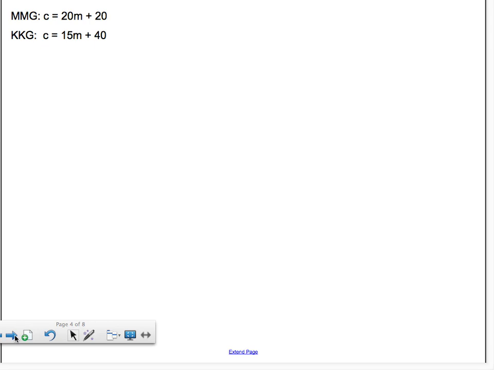So look at me, look at the equations. What do we notice? Does it have to be similar for both? Michael? The y-intercepts are both equal by 20. Okay, the y-intercepts are different. One's 20, one's 40. I'm looking for a commonality there. What do we see that's sort of the same?